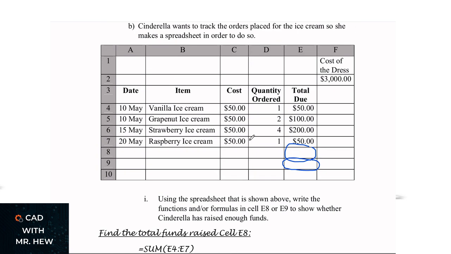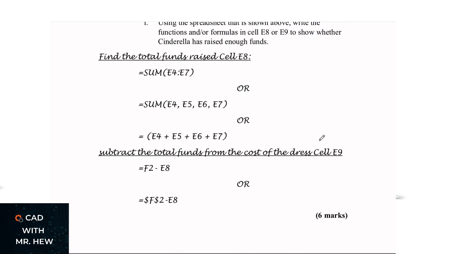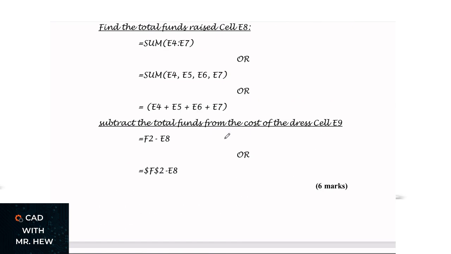So F2 is this cell, and we're going to minus E8, which was the information that we typed in E8, right?